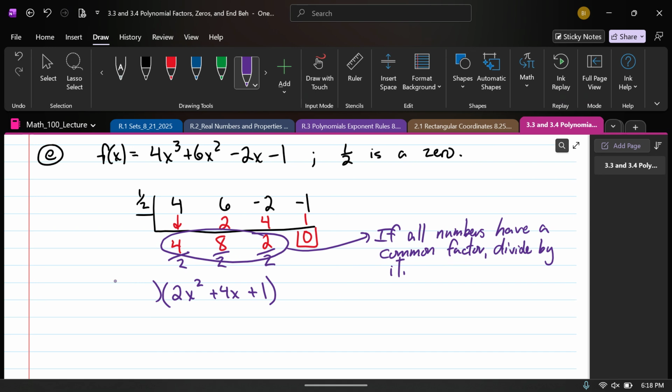What is the factor that came from the 1/2? That's the 2x minus 1. Why does it have to be 2x minus 1 and not x minus 1/2? If you were to multiply that back together, the original problem has a 4 in the front.